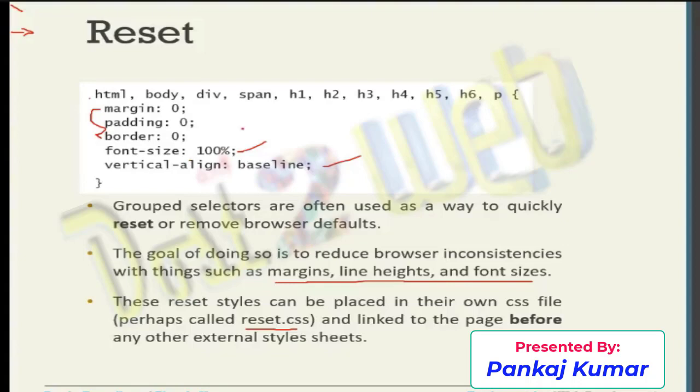So I want to reset the default browser capability. How can you do that? Just define this code, create an external CSS file, and then you can use it. It should be called in the page before any other external style sheet. So we'll see how we can define the external style sheet.